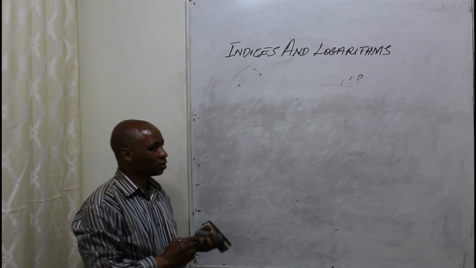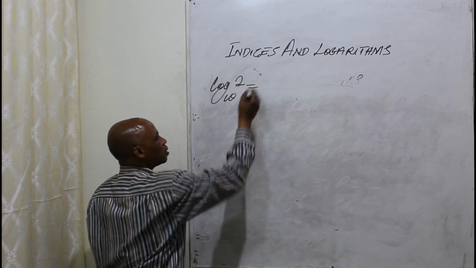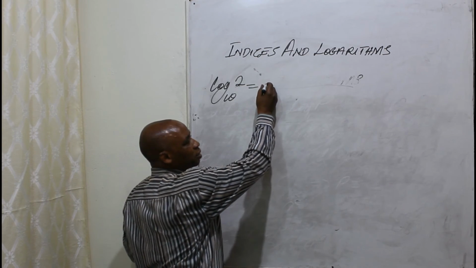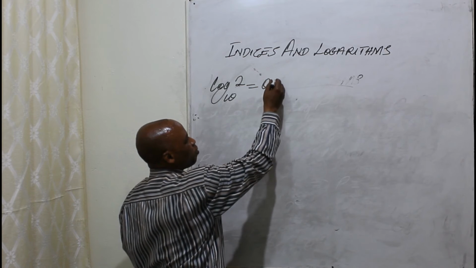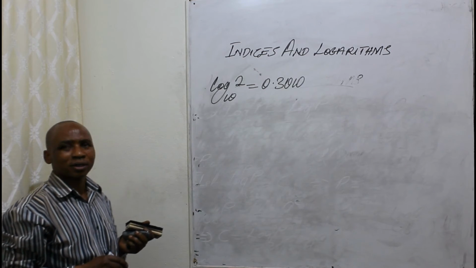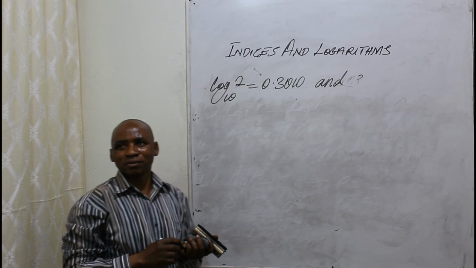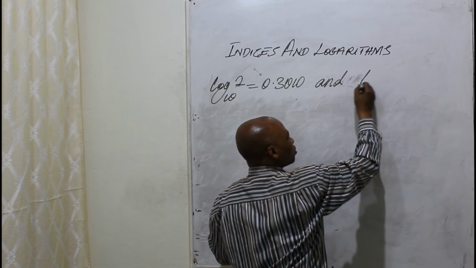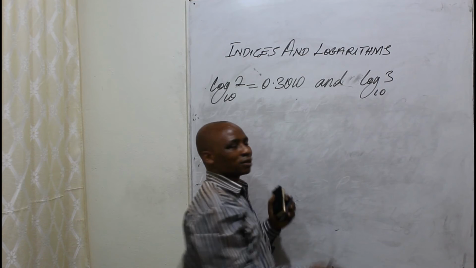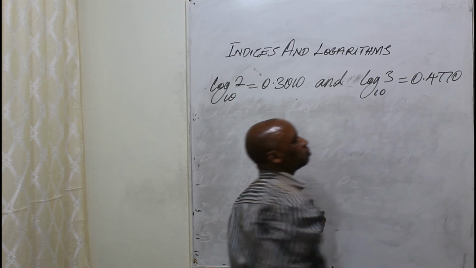Given that the log of 2 to base 10 is equal to 0.3010, and the log of 3 to base 10 is equal to 0.4770.